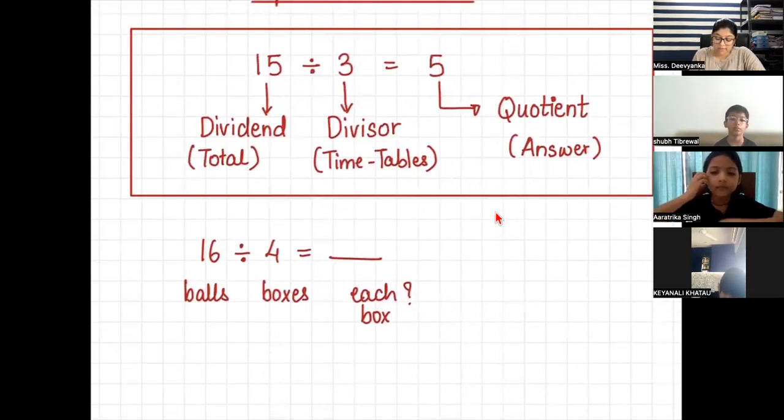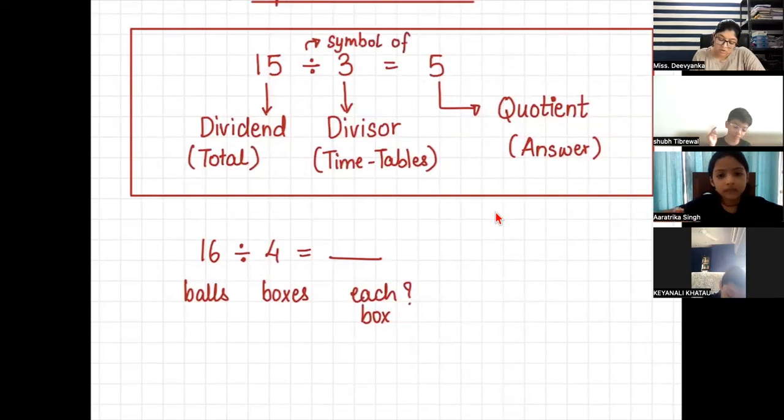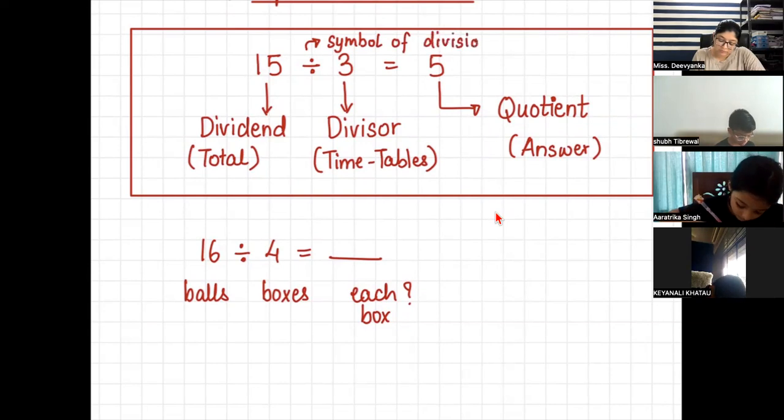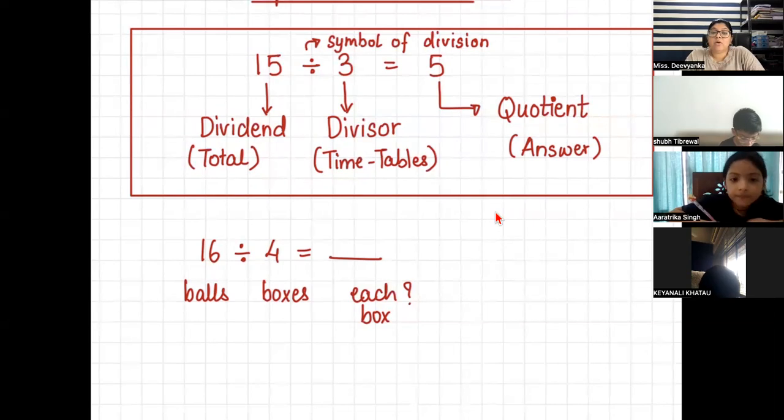One thing we missed writing here is this is the symbol of division. Just write this down again. Symbol of division. Now, as I told you earlier, we are going to say the table of the divisor.